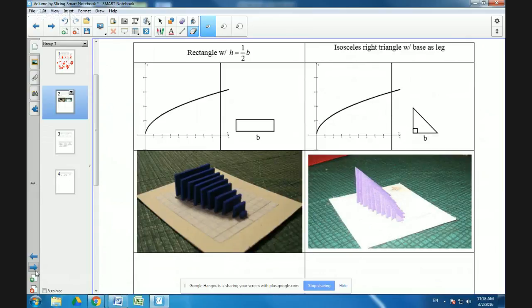So what, the square root of x gives you the bottom? The area of the triangle is at least inside. Yeah. Yes.